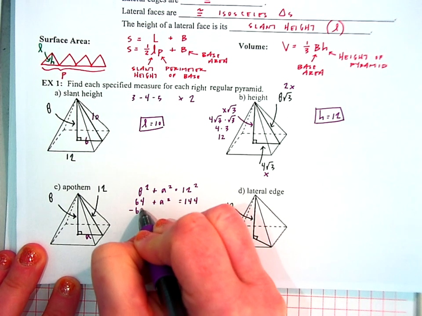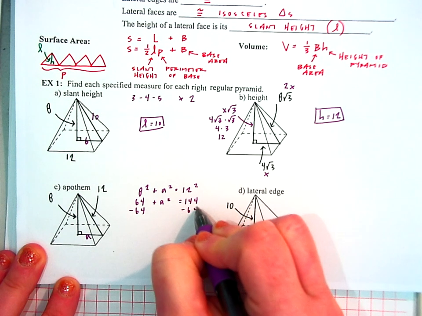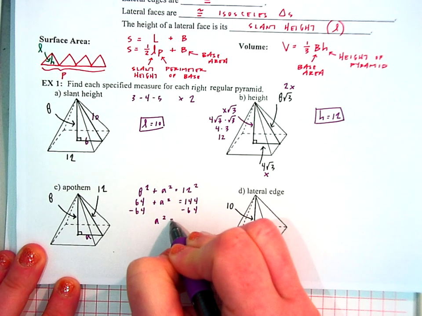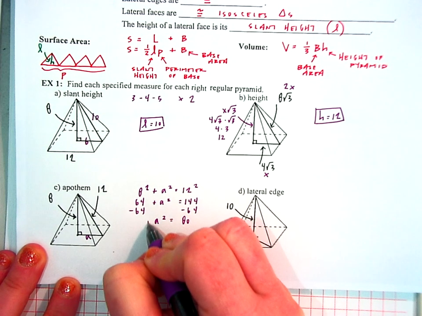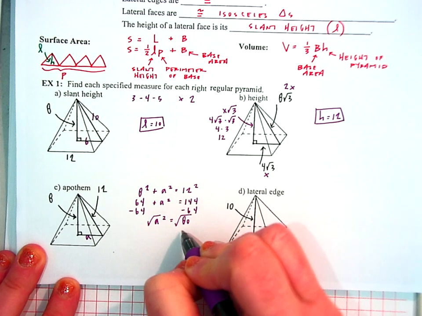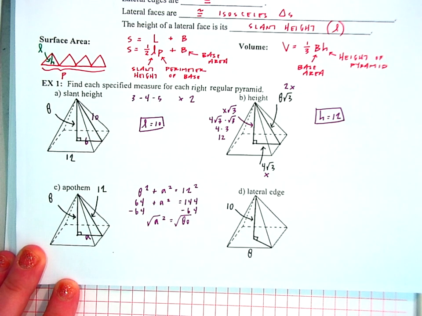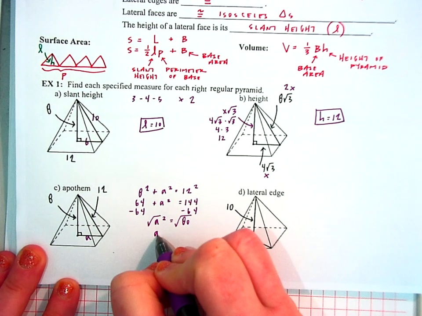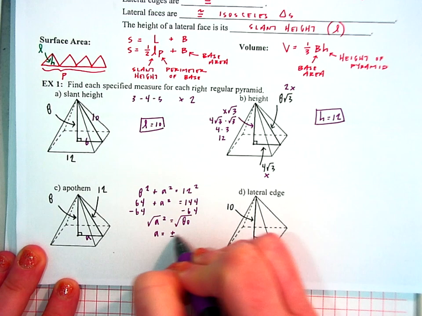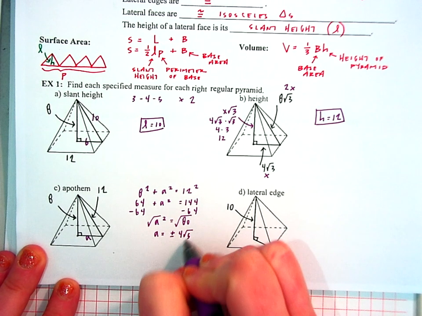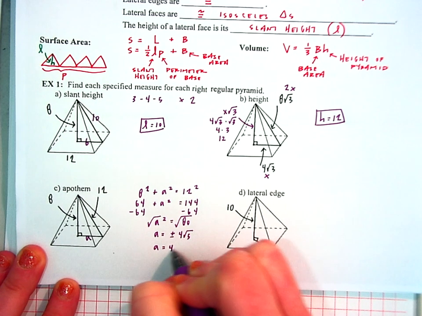Take away the 64 from each side. A squared equals 80. Take the square root of each side. 80, I know that that is 16 times 5. So I know that it will be plus or minus 4 root 5. But it has to be the positive 4 root 5.